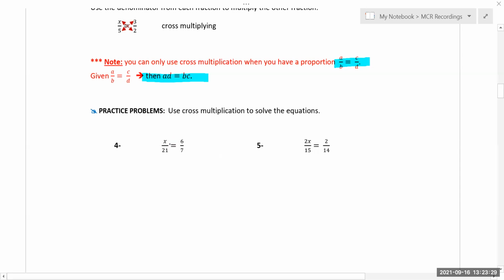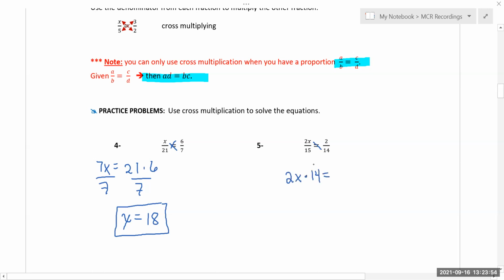So I'm going to do 7x equals 21 times 6, and then divide by 7. You can type that right in. So that's x equals 18. Then for this one, we're going to do 2x times 14 equals 15 times 2.